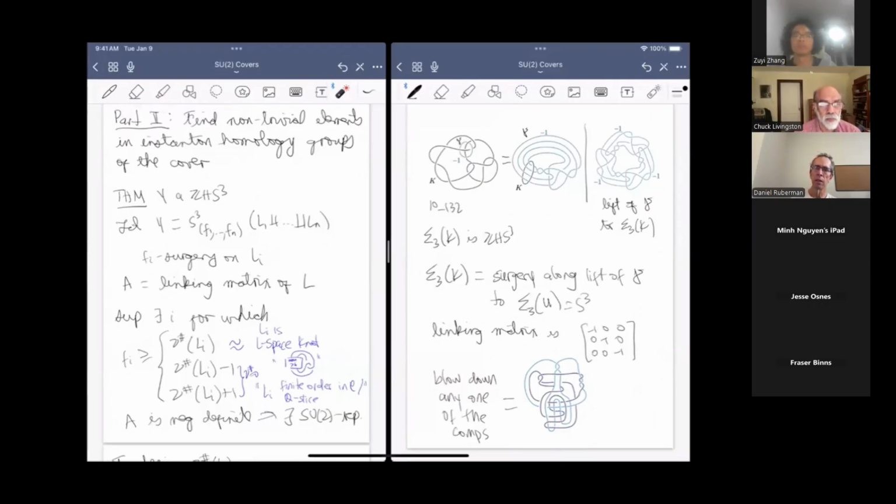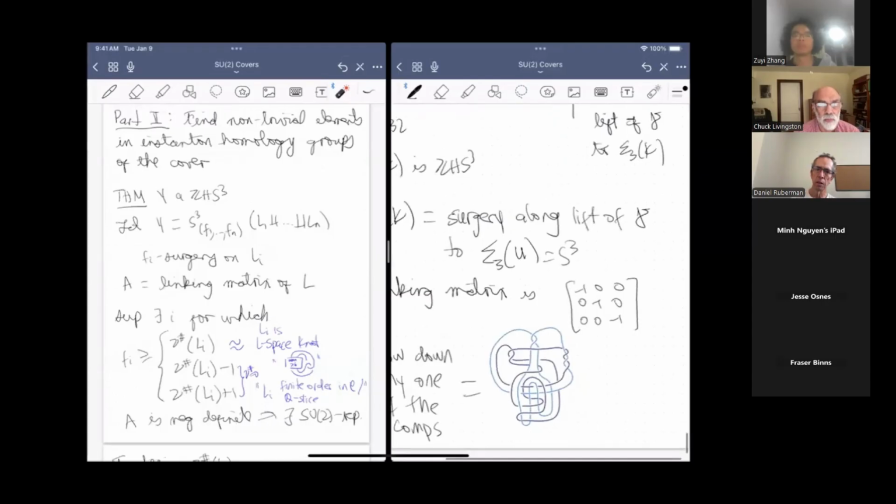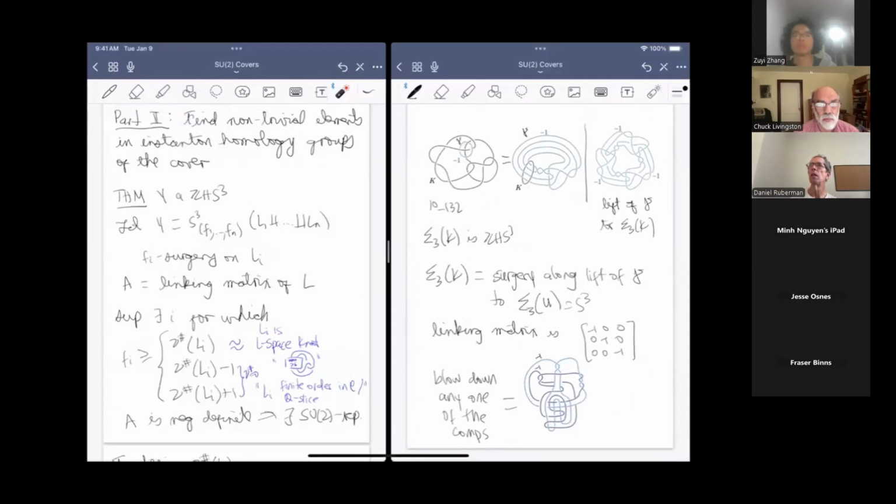Because I started with surgery coefficient -1, and then I did a blowdown along linking number 0, then I still have framing number -1. The next thing that I need to figure out is what's the knot type of each one of the components. But then you do the work, and then you're lucky, you do the isotopy, right?